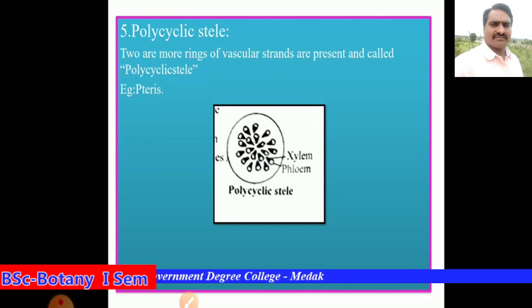One is polycyclic solenostele, the other polycyclic dictyostele. Polycyclic solenostele means the solenostele is on the outer side. Where it is dictyostele, it is polycyclic dictyostele. These are the main types of steles present in pteridophytes, right?